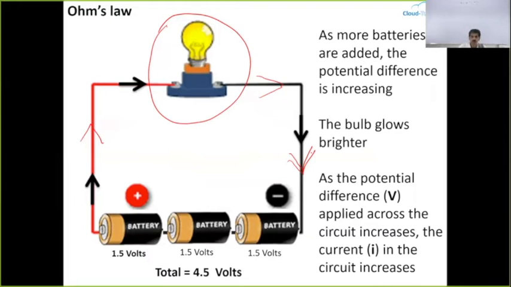So there is a direct relationship between the potential difference and the current flowing in the circuit. As the potential difference increased, as we added more batteries, the current flowing inside the circuit increased. So there is a clear direct relationship between the potential difference and the current.